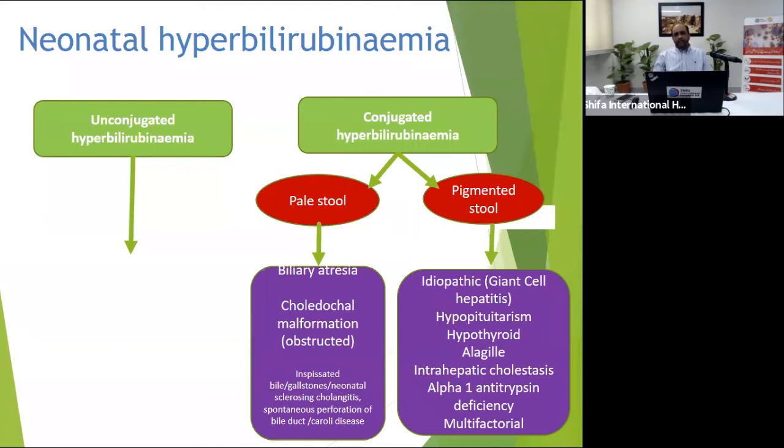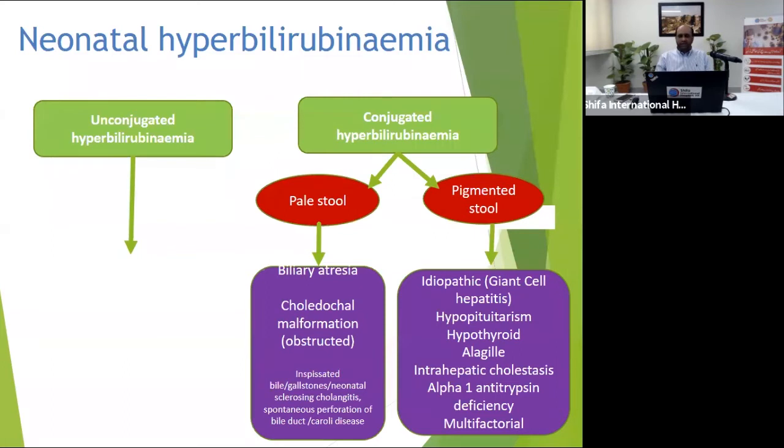again, we have the most important clinical clue in differentiating the different types of this variant, which is to see the color of the stool. If the color of the stool is pale, unless proved otherwise, we always think of biliary atresia.